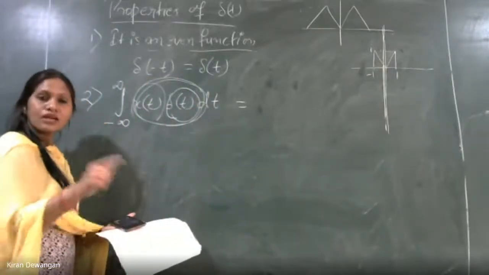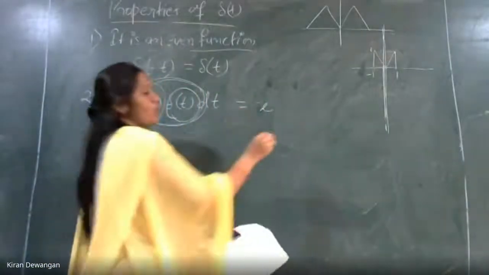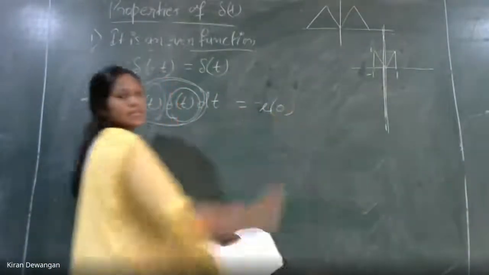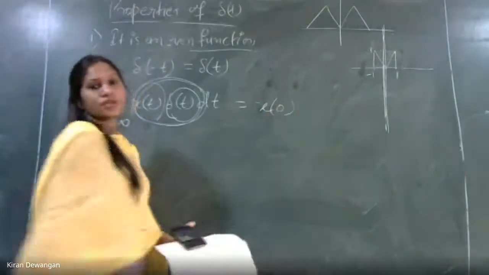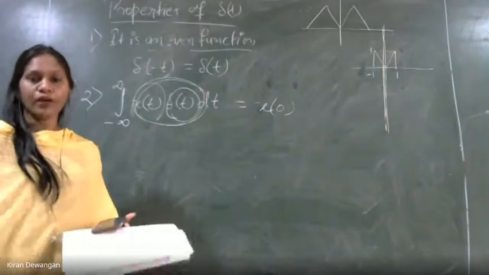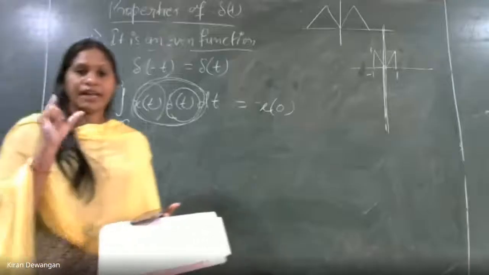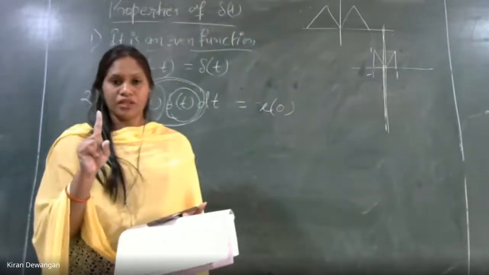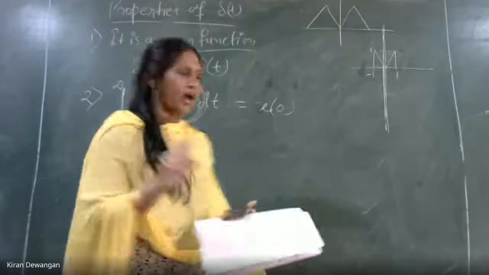It will exist only at t equals to 0 and that will be the value of xt at t equals to 0. So that will be x of 0. Getting my point? Whatever is the xt, del t की वैल्यू कितनी होती है? 1 होती है at t equals to 0, right? Del t is 1.